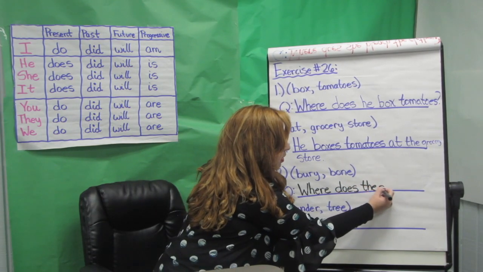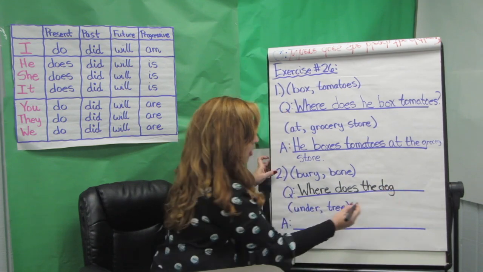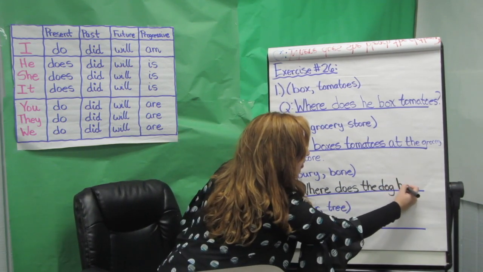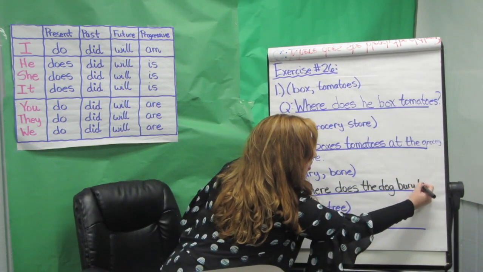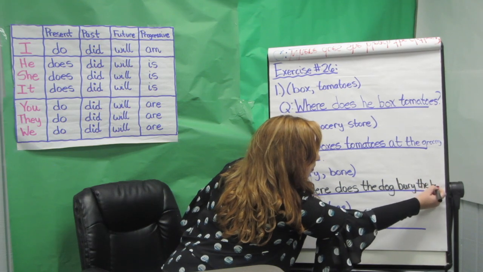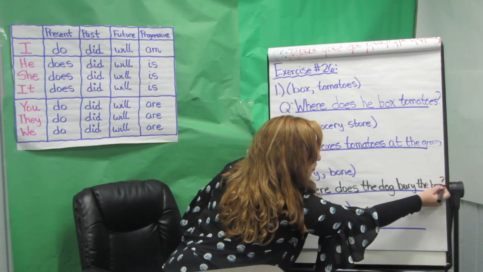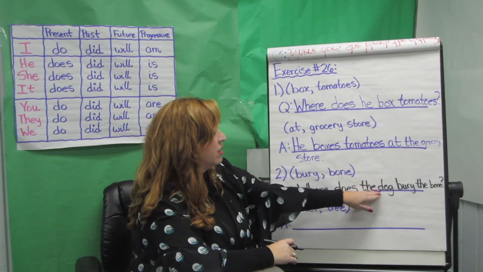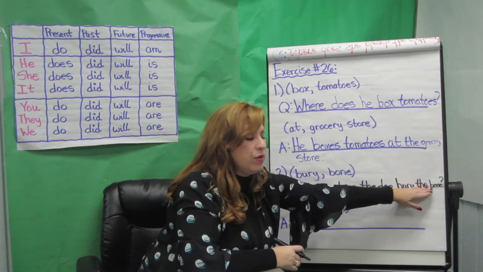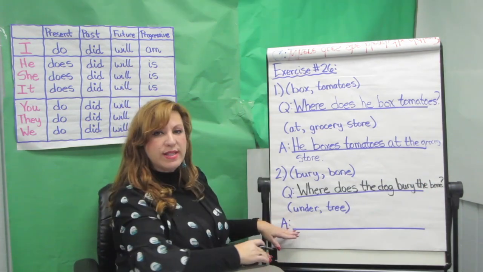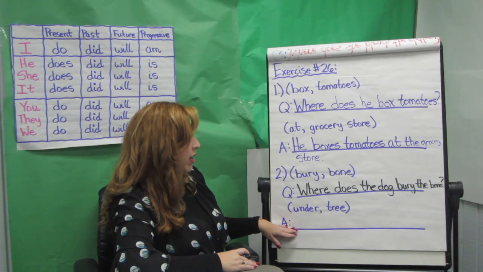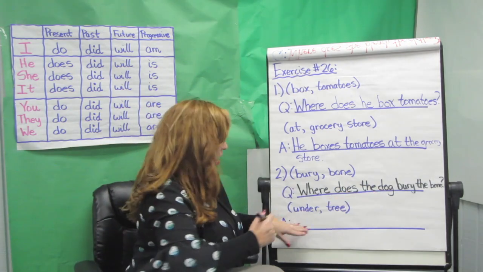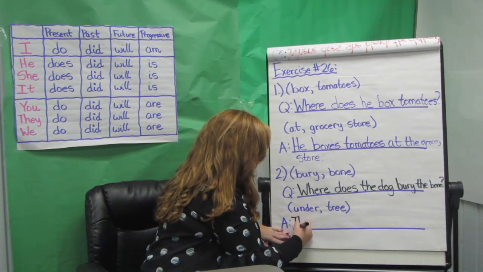We know the noun, so where does the dog bury the bone? Where does the dog bury the bone? And now we're going to answer the question by saying the dog is our noun.